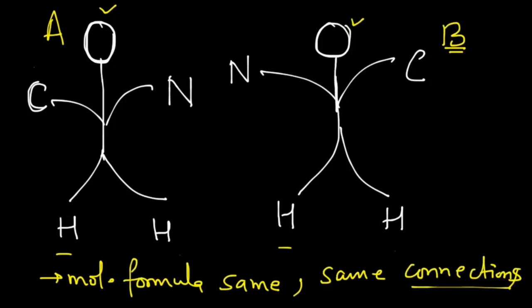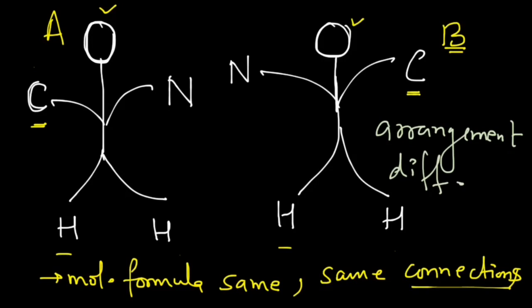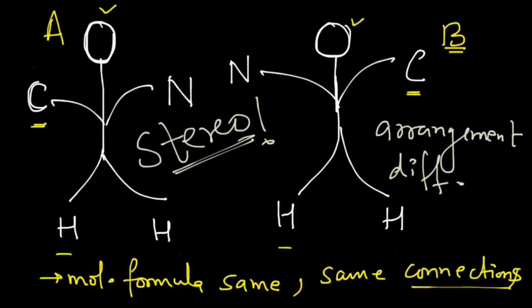But here is the catch. In A, carbon is on the left side, whereas in B, carbon is on the right side. So the arrangement of atoms is different. And this gives rise to the isomerism that we call the stereo or space isomerism.